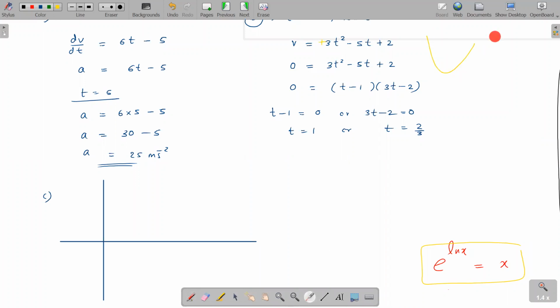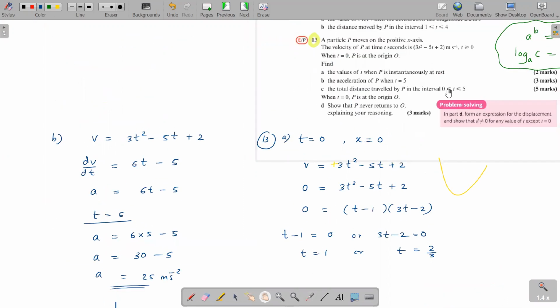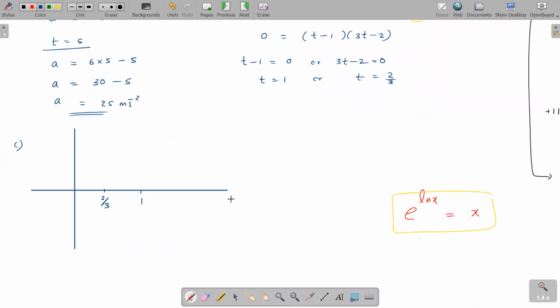The cutting points are t equals 2 over 3 and t equals 1. You're supposed to draw the graph from 0 to 5, so we go on until 5. When you draw the graph, how does it come?